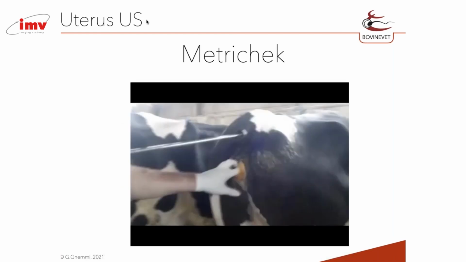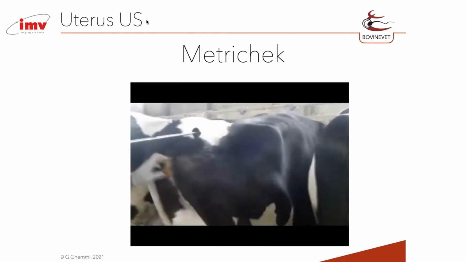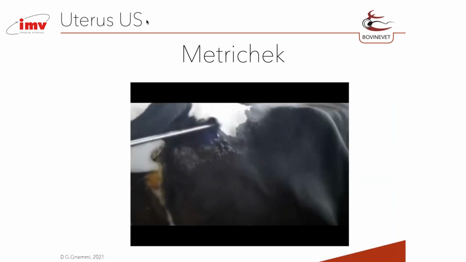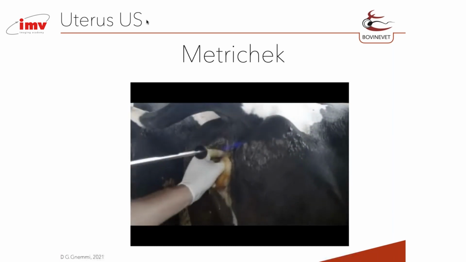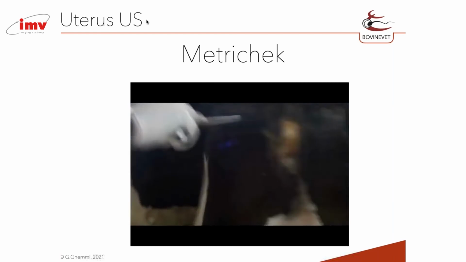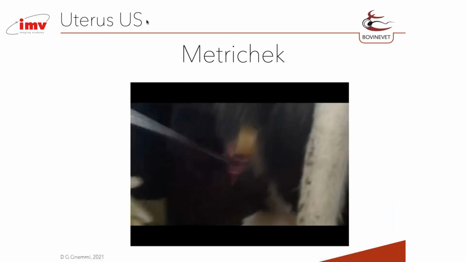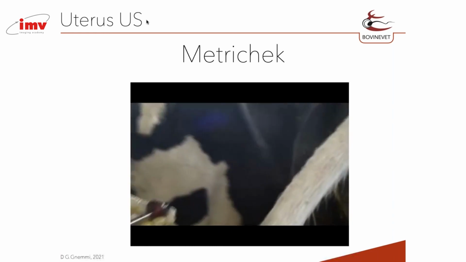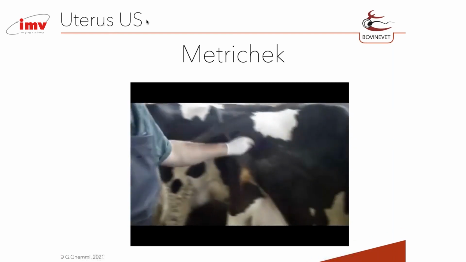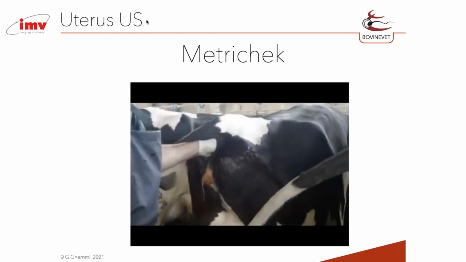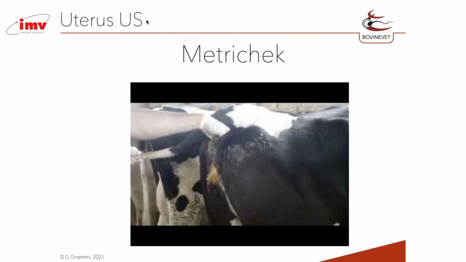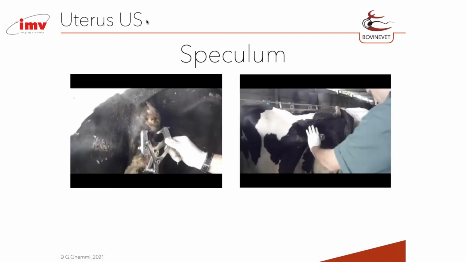Other people like to use the metricheck. The metricheck is useful if you don't like to work with an ultrasound unit, for example, for the diagnosis of endometritis. But some people are also using it for the diagnosis of metritis. I believe that we have the same problem that the hand in vagina is a little bit traumatic. Personally, I don't like to use it, in particular because I have to sterilize between each cow, so this creates some problem.